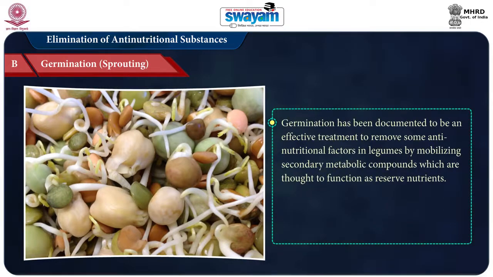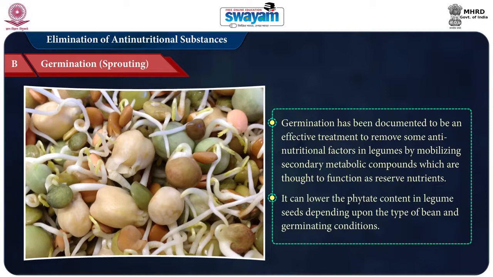Germination has been documented to be an effective treatment to remove some anti-nutritional factors in legumes by mobilizing secondary metabolic compounds which are thought to function as reserve nutrients. Germination can also lower the phytate content in legume seeds, depending upon the type of bean and the germinating conditions.